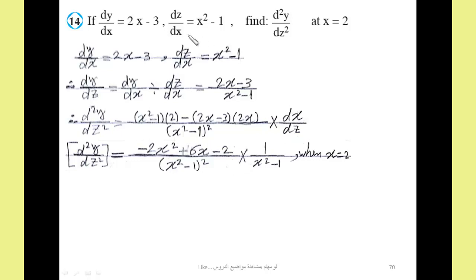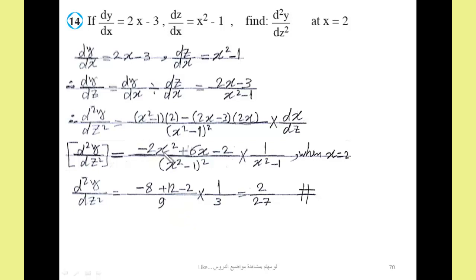We have here dz/dx equals x² - 1, so dx/dz equals 1/(x² - 1). And then when x equals 2, you substitute every x with 2.